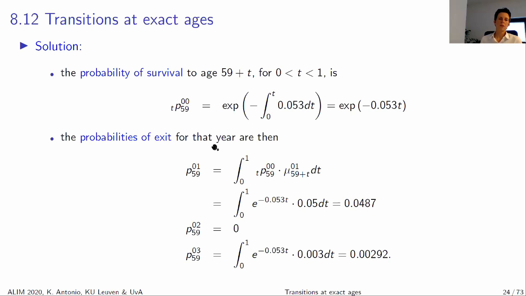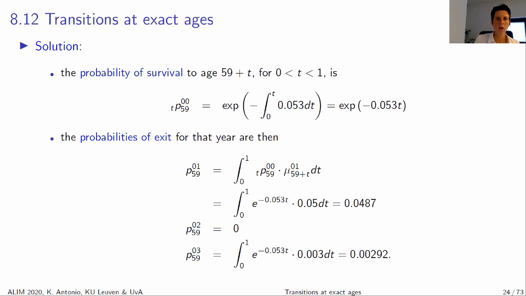If I look at the probabilities of exit for that particular year, then I've got the integral between 0 and 1, again, of the survival probability times the force of decrement to go from 0 to 1 at age 59 plus t, or here the force of decrement to go from 0 to the dead state at age 59 plus t. I've got a 0 for the probability to leave because of retirement between age 59 and 60, because the force of retirement is 0 in that age interval.